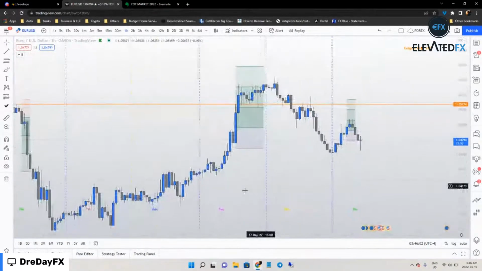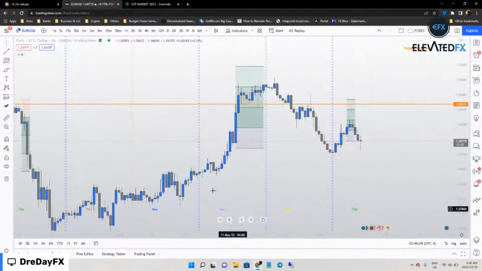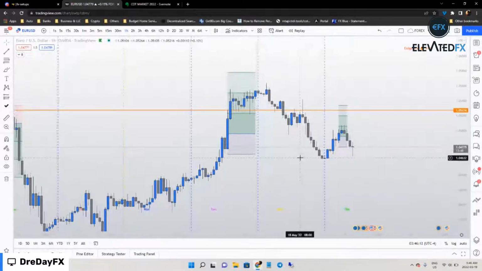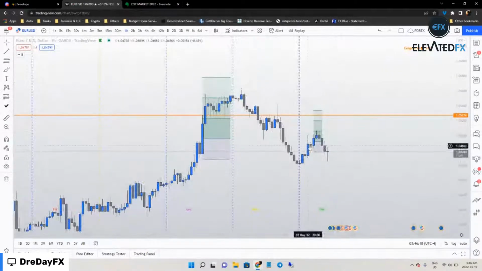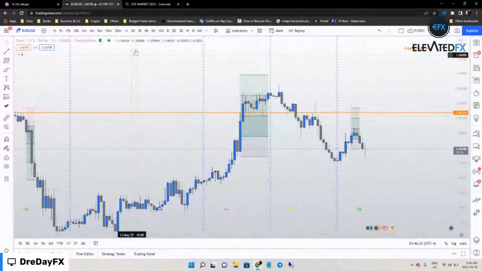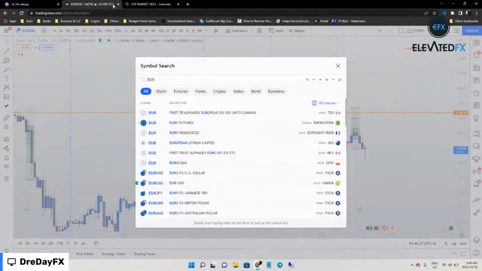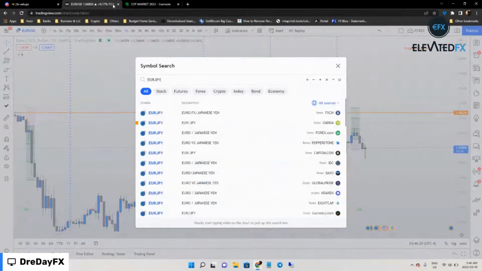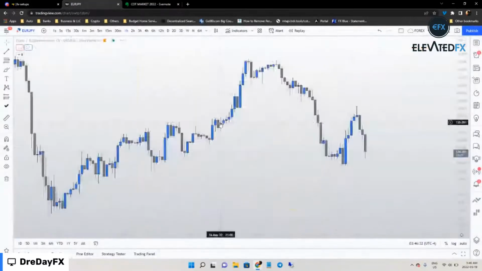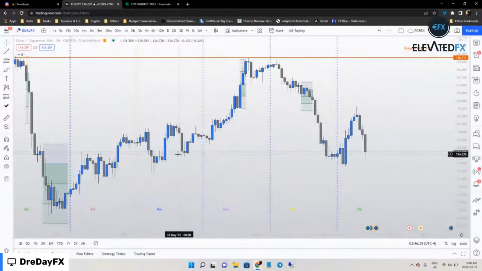Okay, so as you can see, the Euro USD was moving nicely this week, and you had a couple of setups here. So that's hit TP2, almost TP3, and then you had TP1 that was hit here. So it was a great setup. So Euro JPY, same thing.